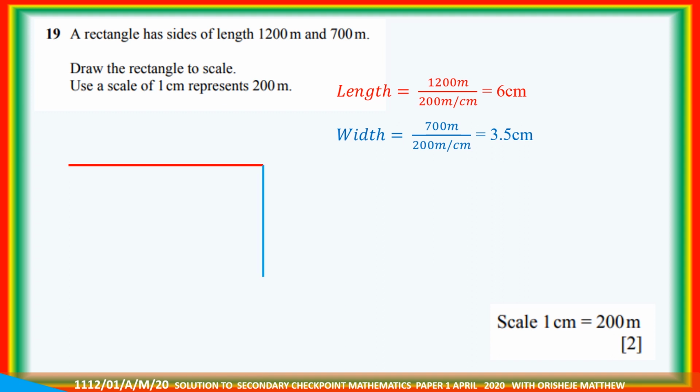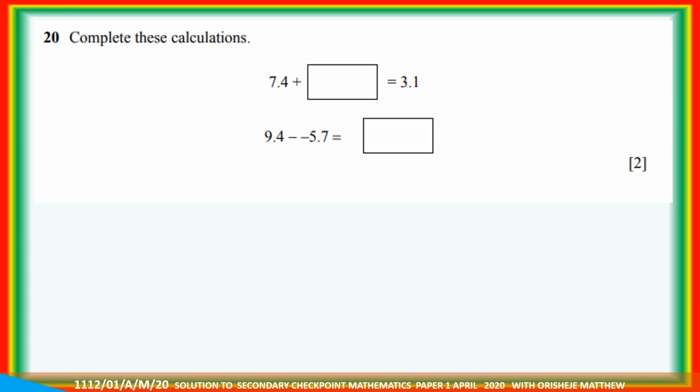So complete 3.5 on the other side, then you complete the side. Complete these calculations.